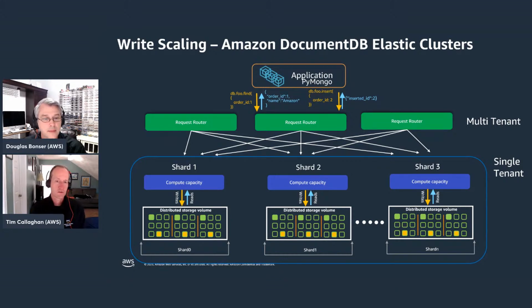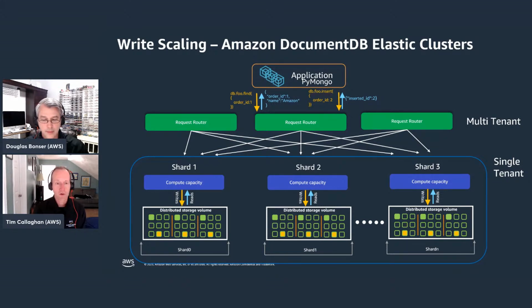What we brought to Elastic Clusters in this picture, as you can see, is this request router, and we've implemented sharding. So in this model, we have 3 shards, meaning 3 clusters or 3 writers under the covers. And when you write into a sharded cluster, you decide, per collection, what field you're going to shard on, and we use a hash-based algorithm in the background to distribute your data across the current size of your cluster.